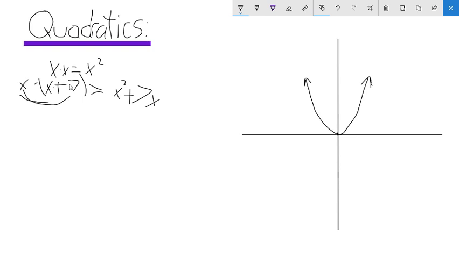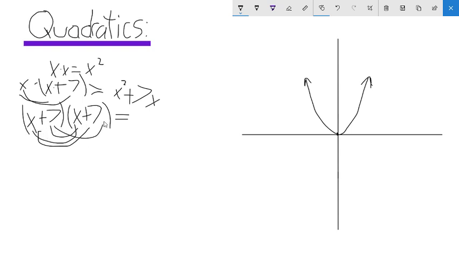Now, if we have something like this, but this one is also plus 7. So if we have x plus 7 times x plus 7, what do we get in this case? Well, what we need to do is a technique called foiling, where you multiply the first one with the first one, then you multiply the first term of the first multiplier with the second term of the second multiplier, and then you move on to this one. So we'd have 7 times x and then 7 times 7.